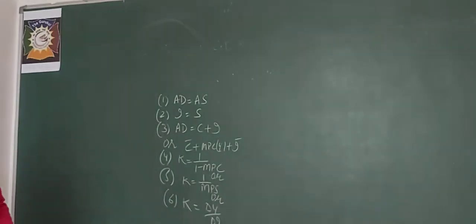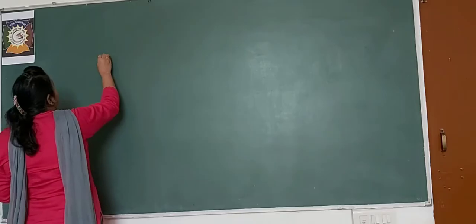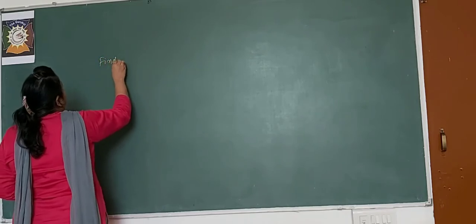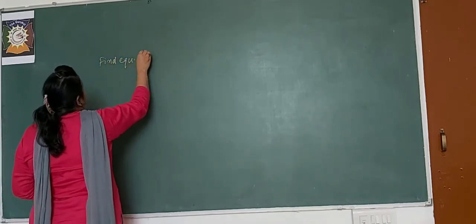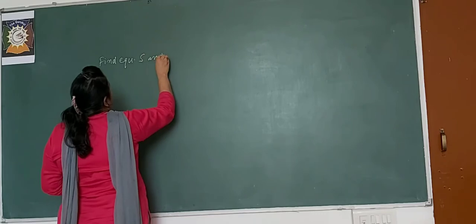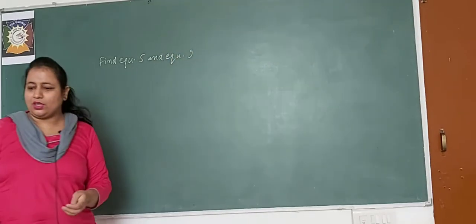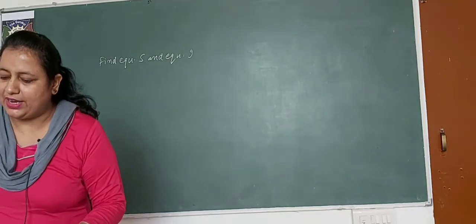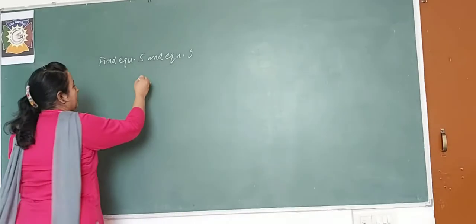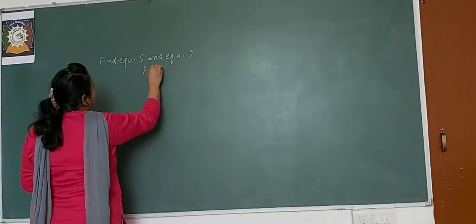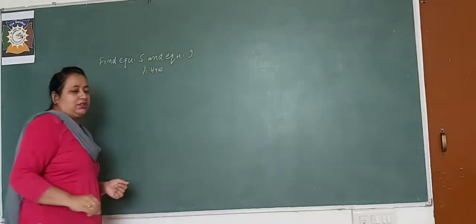So let us start. What they have given? Equilibrium S and equilibrium I. Numerical is when Y means income is given, that is 4400.